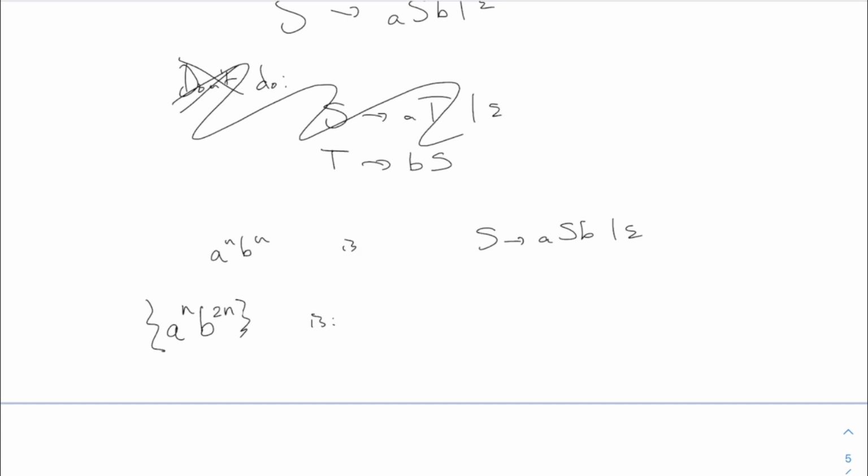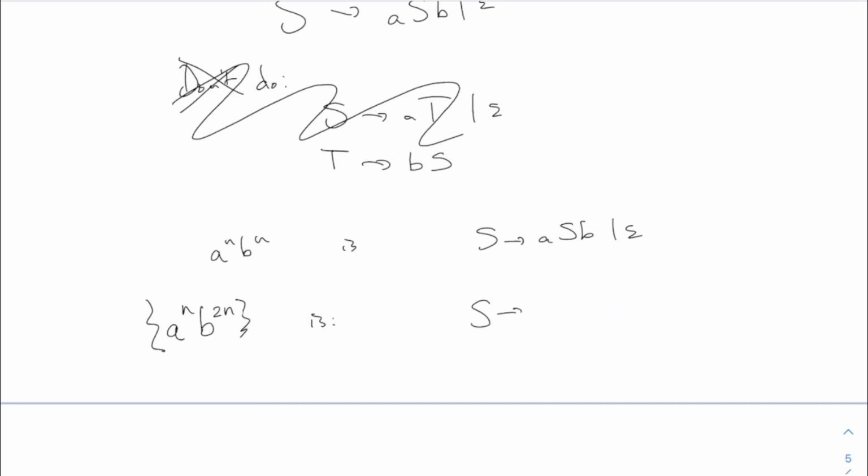You have to think, what exactly is the balancing that's going on here? In this first example, every A has one B that goes with it. Can someone rephrase in this example? Every A is balanced with 2 B's? Yeah, every A is balanced with 2 B's in this example. And so, can you suggest how I should make the grammar for that?